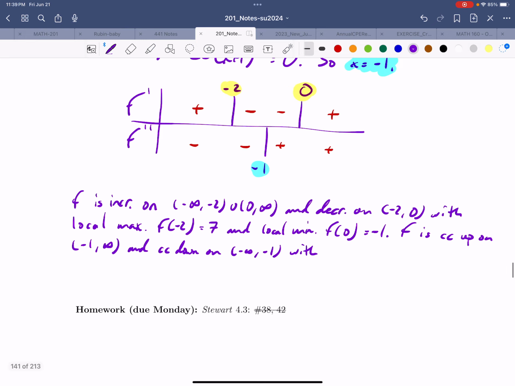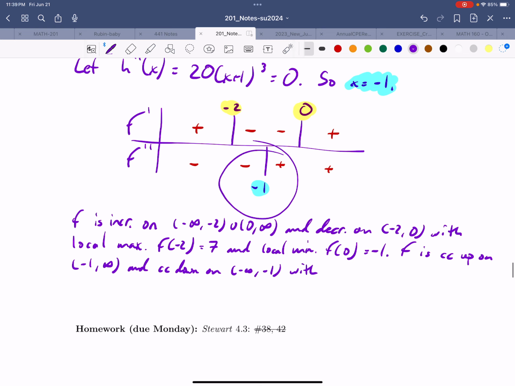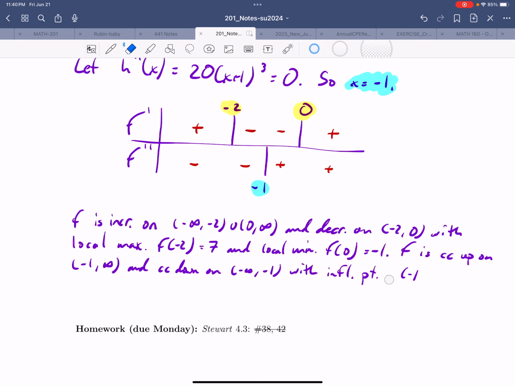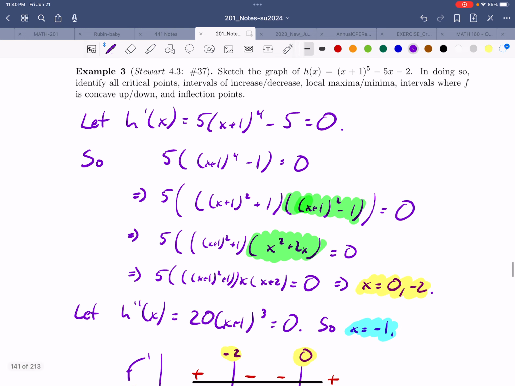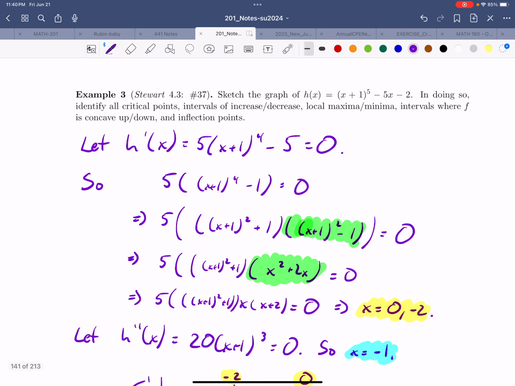With, and note that we do have an inflection point here, because not only is the second derivative 0, but f changed concavity, in this case from negative to positive. I guess I should say negative 1 comma f of negative 1. What's f of negative 1 gives us 3. Yeah, 3.